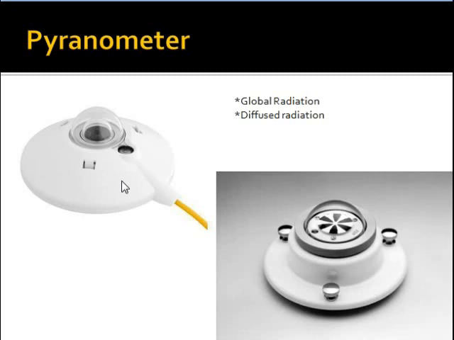So we can use this for measuring two types of radiation. One is global radiation, and also we measure diffused radiation with the help of the shading ring. The working principle will be similar to the pyrheliometer. It has a black sensing unit, and that sensing unit is made up of thermopile junctions.